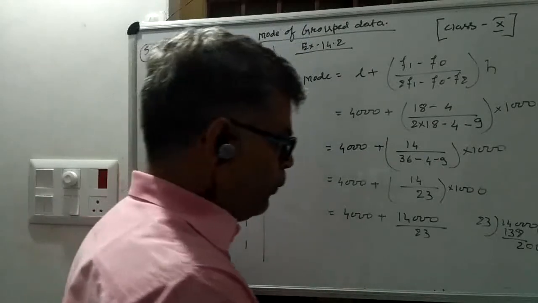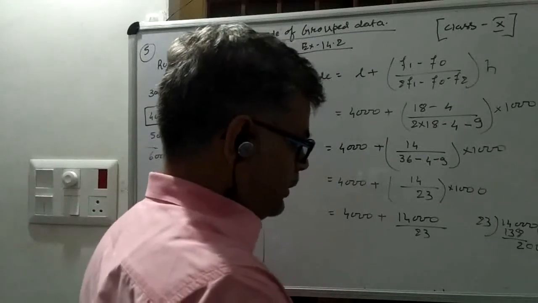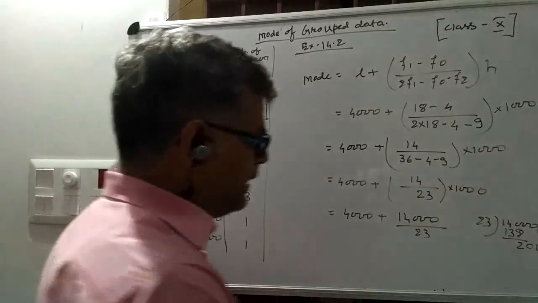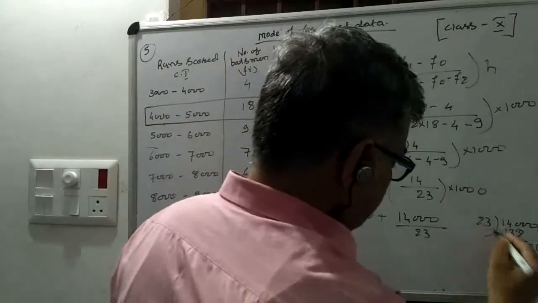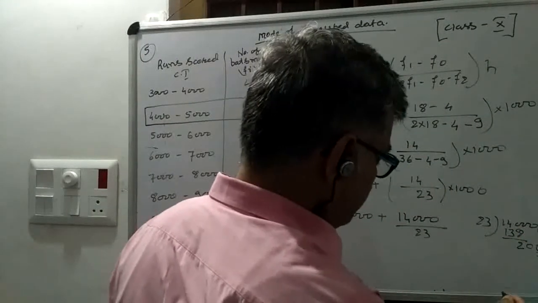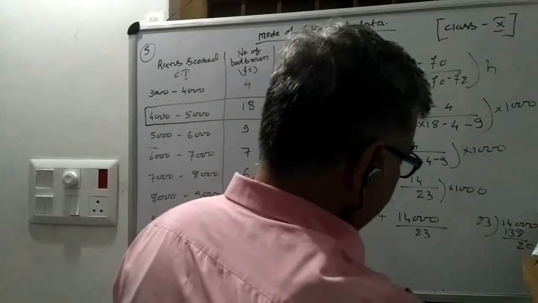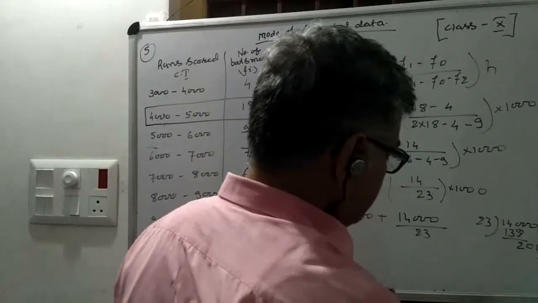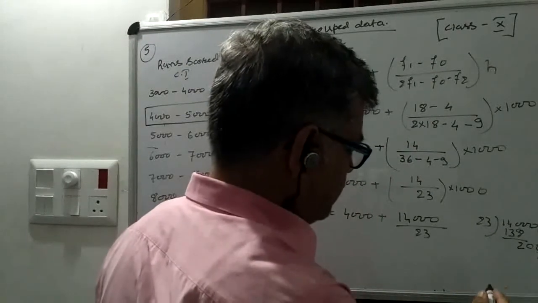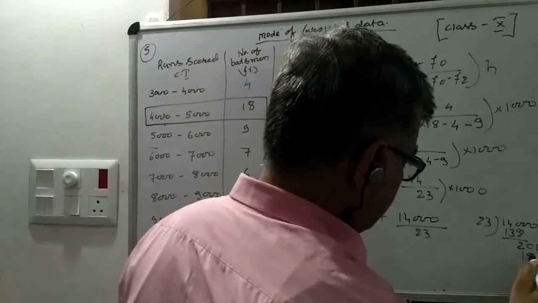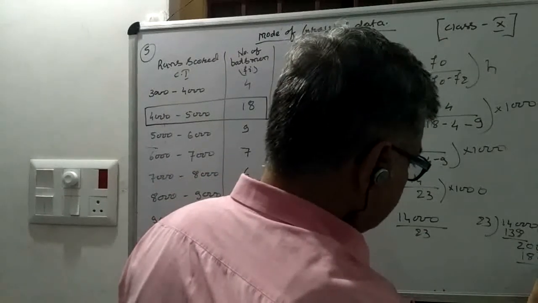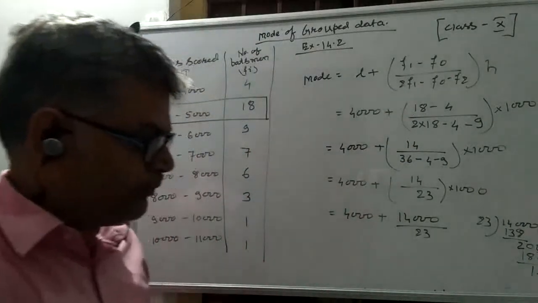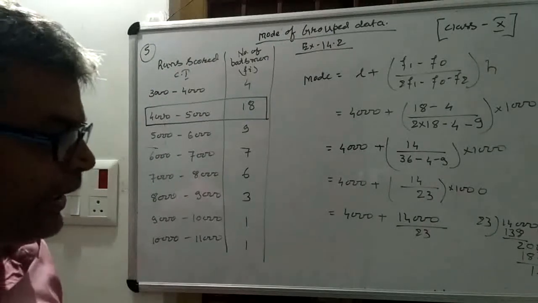Now it will go 8 times, and we have 16. So we have 608.